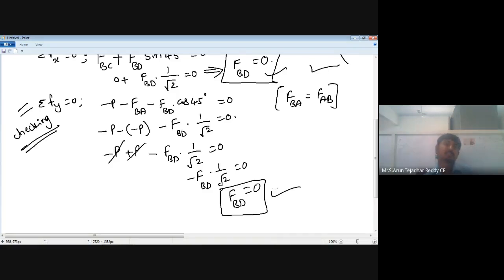So this is one of the small example problems. Just a small example. This is only an example. Next class we'll see real problems.